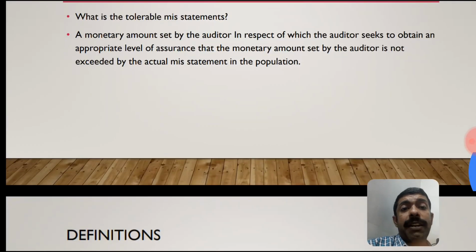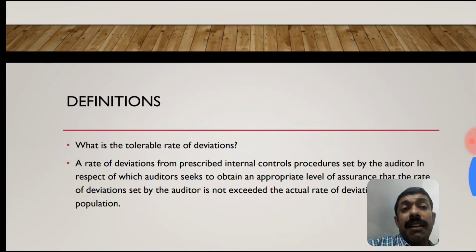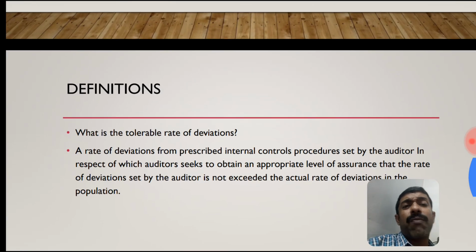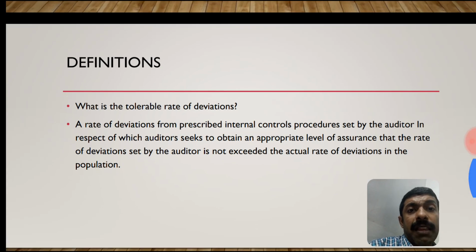And what is the tolerable rate of deviation? A rate of deviation from the prescribed internal control procedure set by the auditor in respect of which the auditor seeks to obtain an appropriate level of assurance that the rate of deviation set by the auditor is not exceeded by the actual rate of deviation in the population.